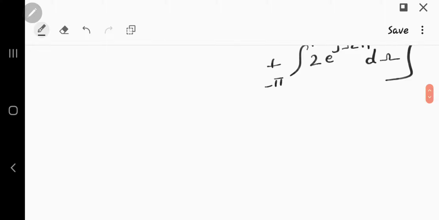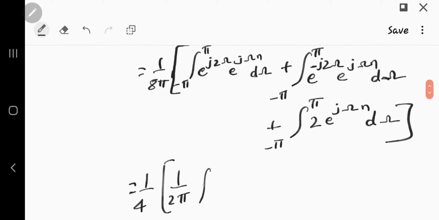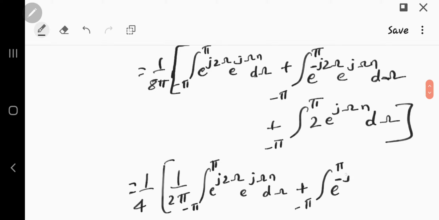So just for my convenience, I am going to rewrite the same expression in this form. Why, I will tell you later. I'll take 1 by 4 and I'll keep this. I'm writing 1 by 2 pi integral from minus pi to plus pi of e power j 2 omega e power j omega n d omega plus integral from minus pi to plus pi of e power minus j 2 omega e power j omega n d omega.